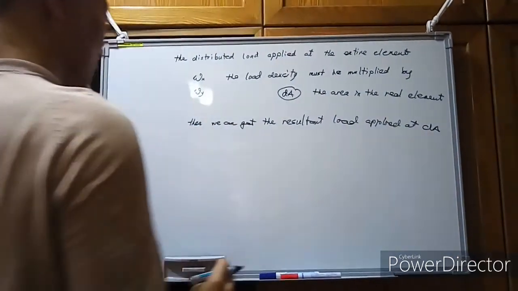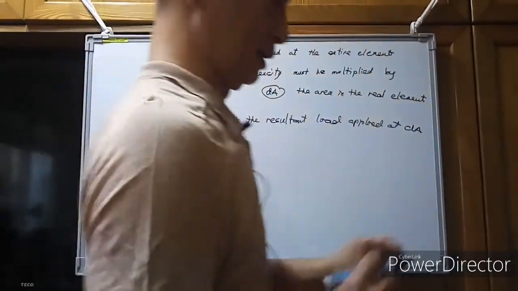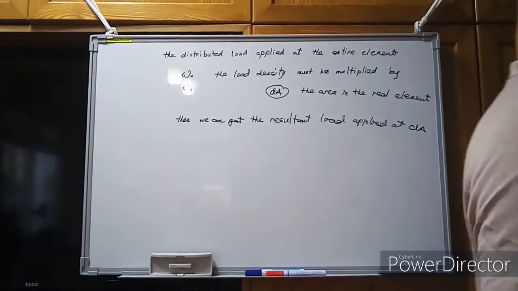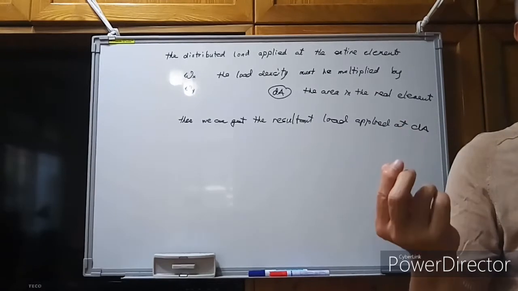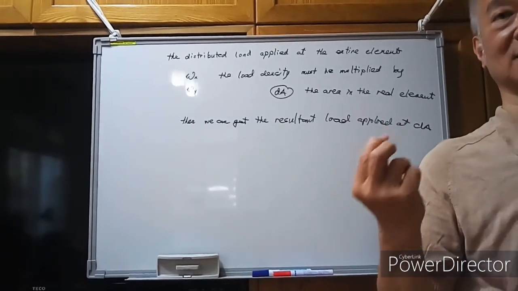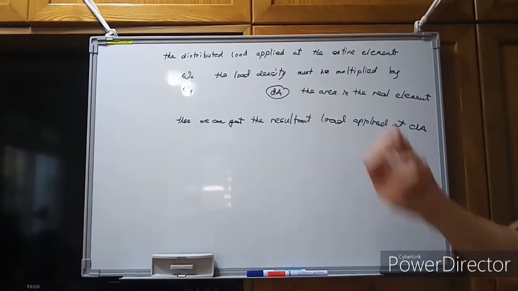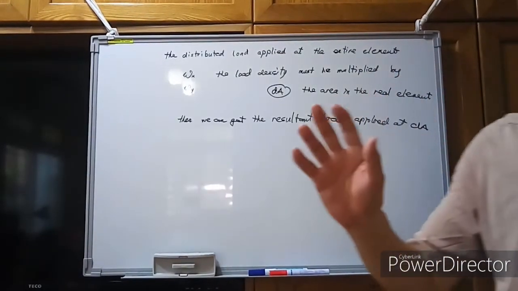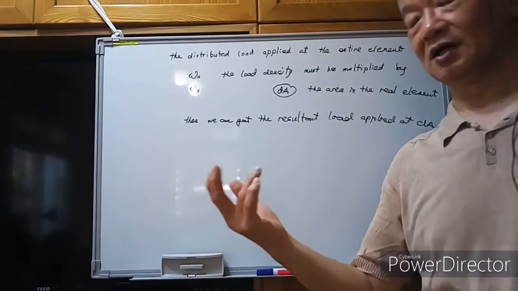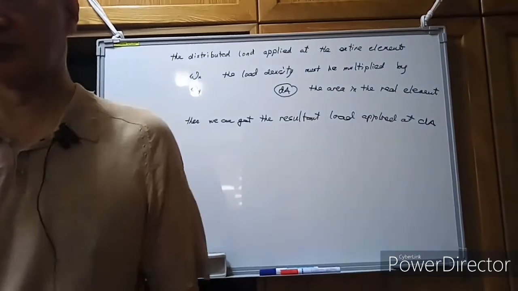So we need to multiply the Wx and Wy by the dA, the infinitely small area in the real element. If we multiply the dA to the Wx and the Wy, then we can get the resultant load calculated from the distributed loadings.